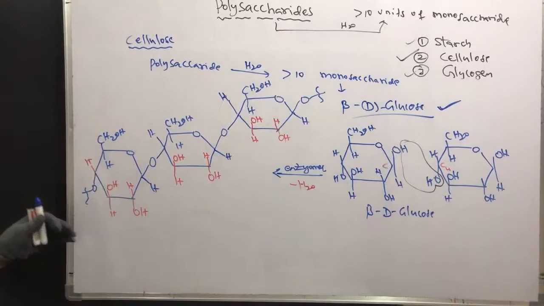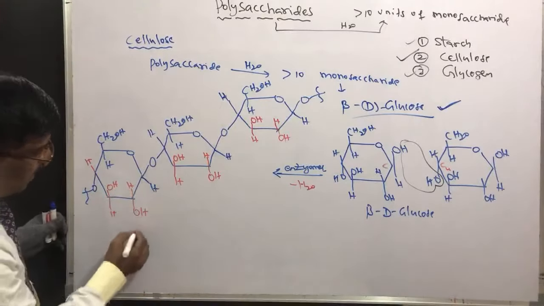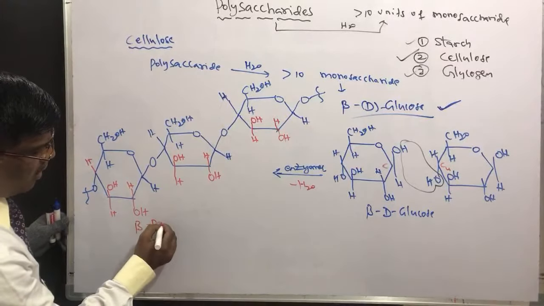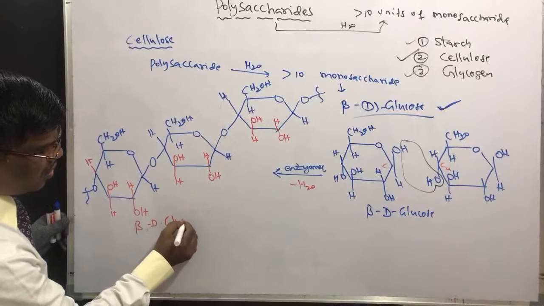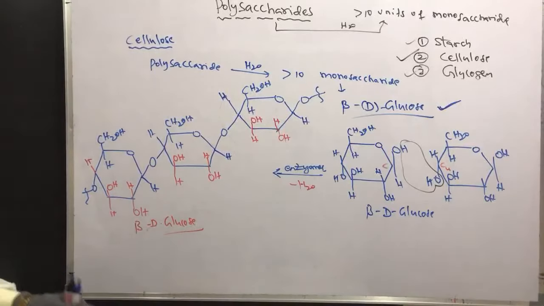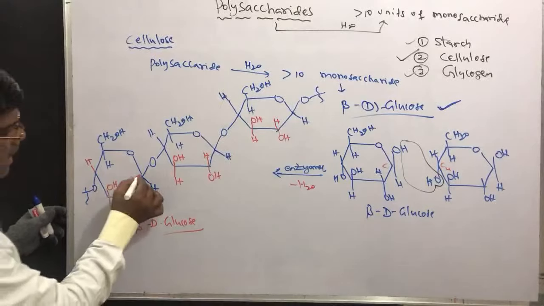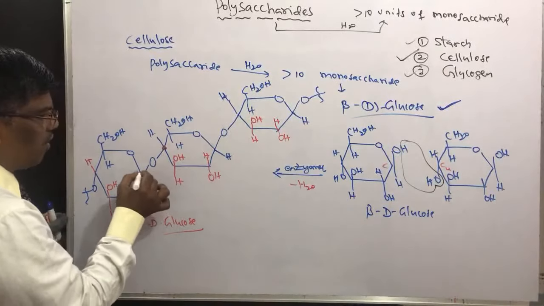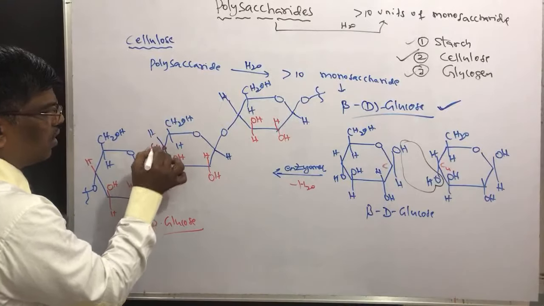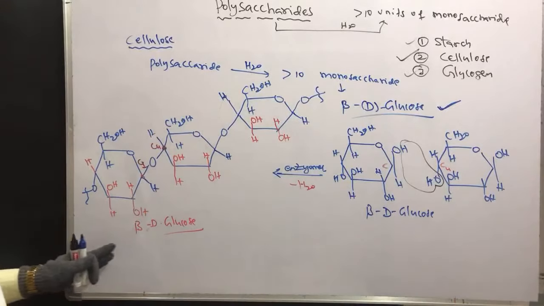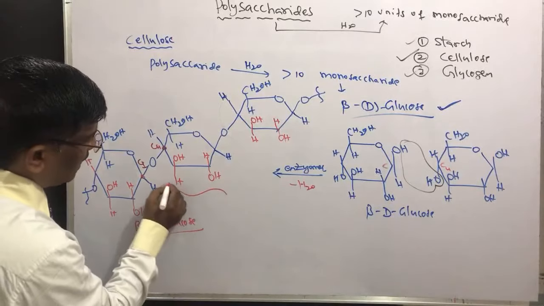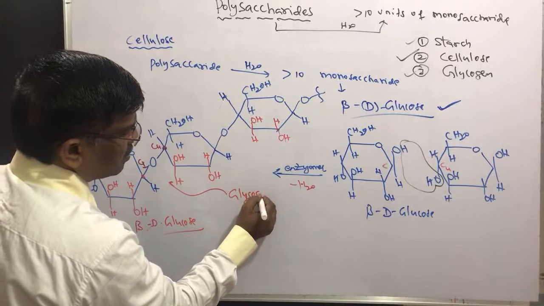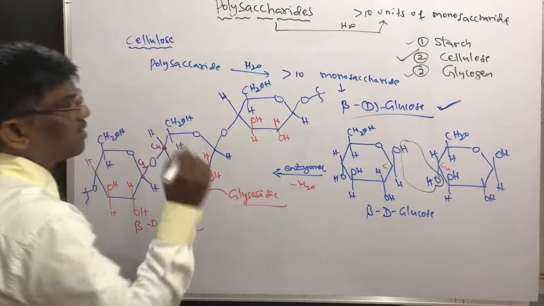This polymer of beta D glucose is cellulose, isn't it? So it is C1 of beta glucose with C4 carbon of another glucose molecule. It is going to form a glycosidic linkage.